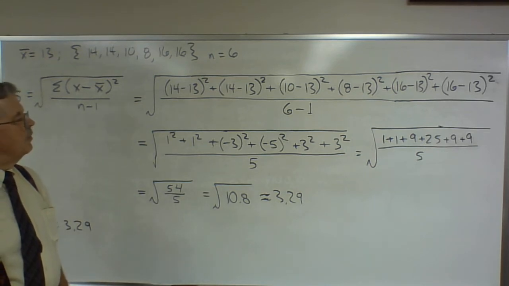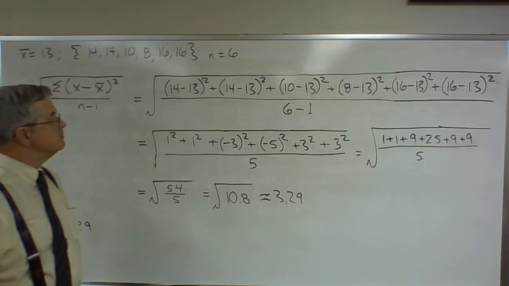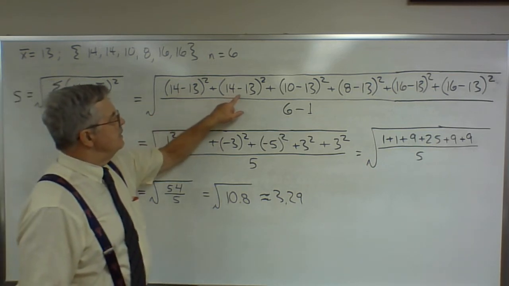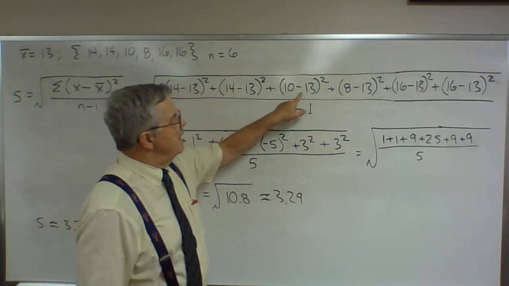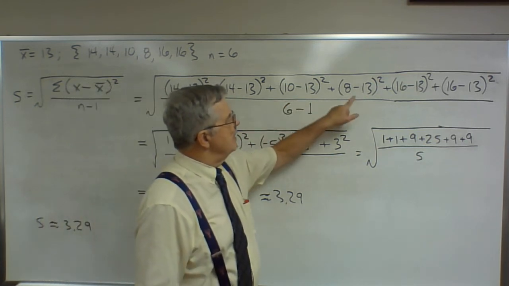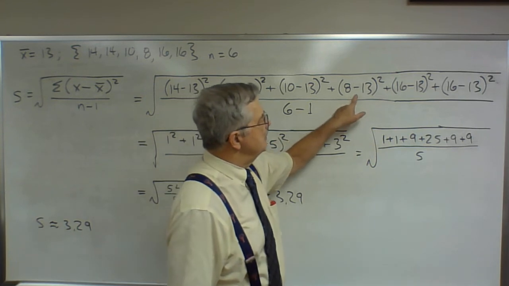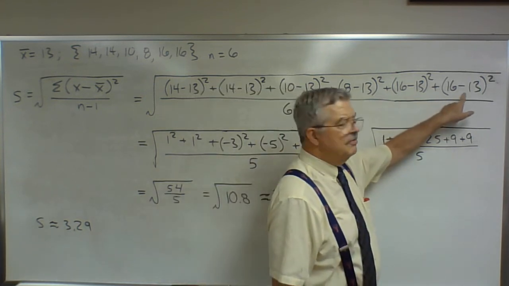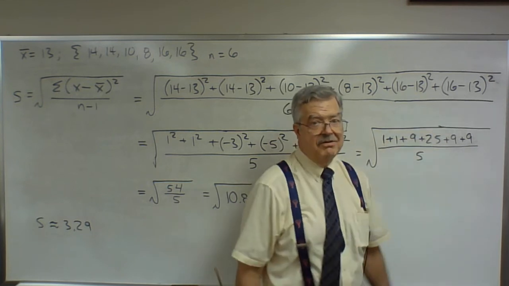Let's see if that works. 1 plus 1 is 2, minus 3 is negative 1, minus 5 is negative 6, plus 3 is negative 3, plus 3 is 0. Yeah, see that?